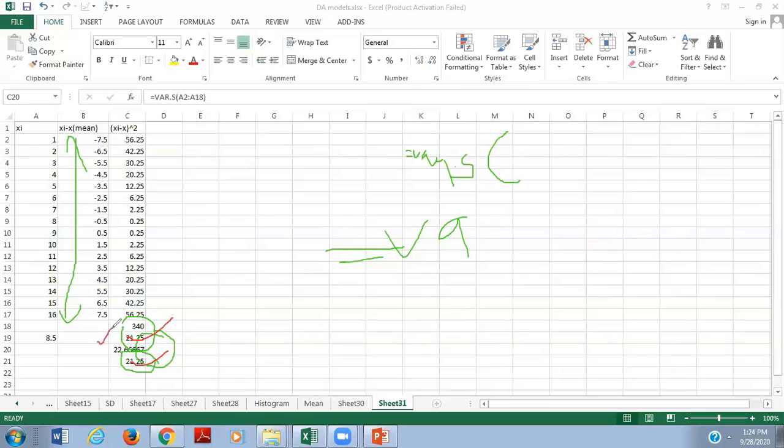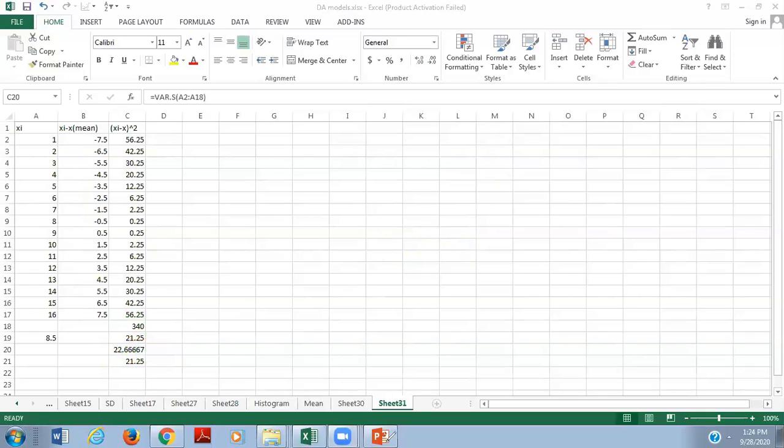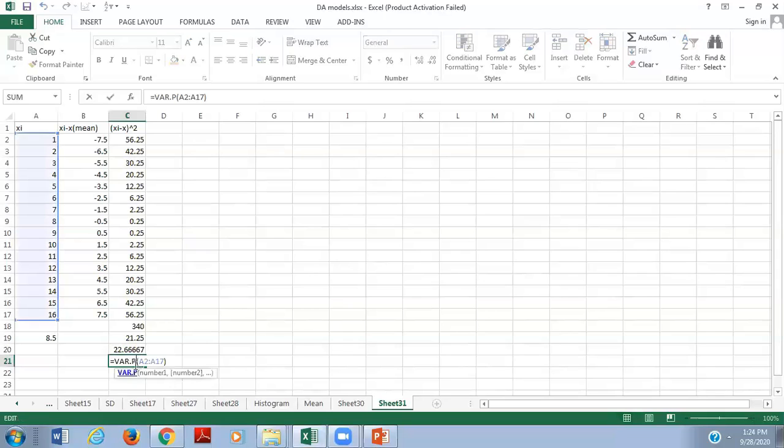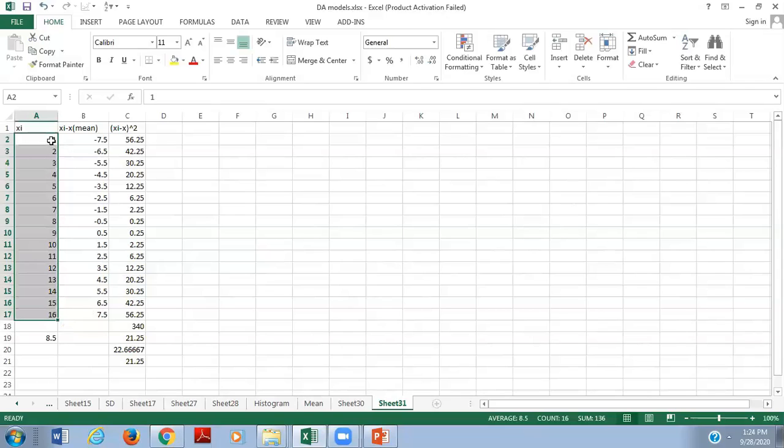Because this one is calculated as population and this one is calculated through our Excel formula, VAR.P, and here also we are not subtracting 1. It means we have considered this whole value as a population. That many items are there for our analysis. So this is all about the variance that we have calculated.